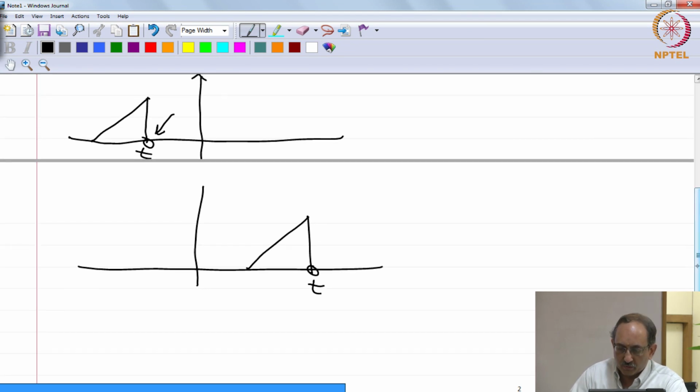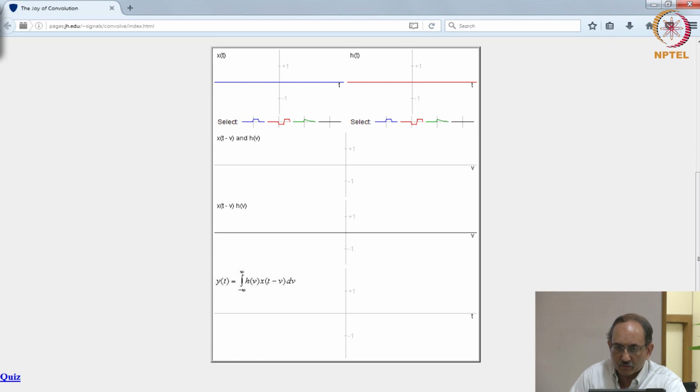So, with this, let us go back and look at this applet. Here it gives you the choice of certain predefined waveforms. I can choose this to be the first waveform. I can choose the second waveform also to be the same.